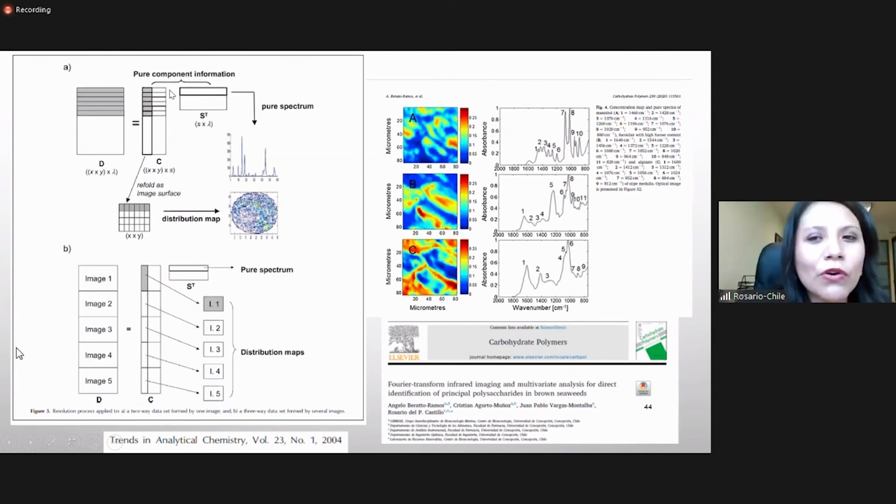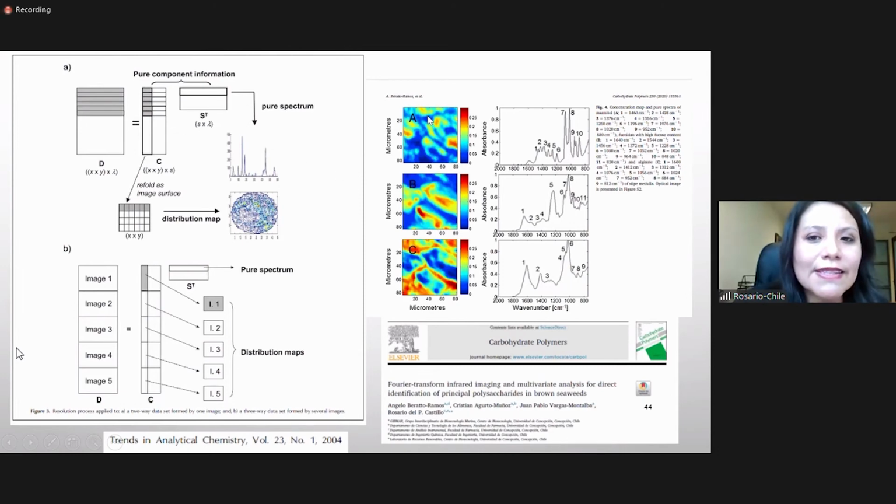I will look for how many components my system has, according to a mathematical estimation based on a method called singular value decomposition. Each column will be the scores, or the relative concentration, of each component, and I can arrange this relative concentration to the dimension of my image to generate this kind of graphic.